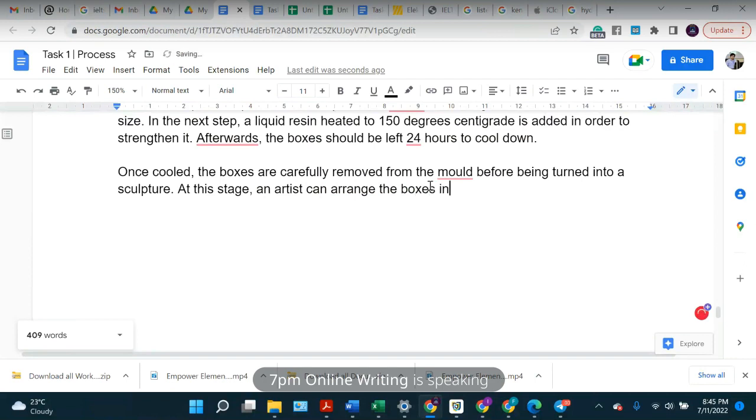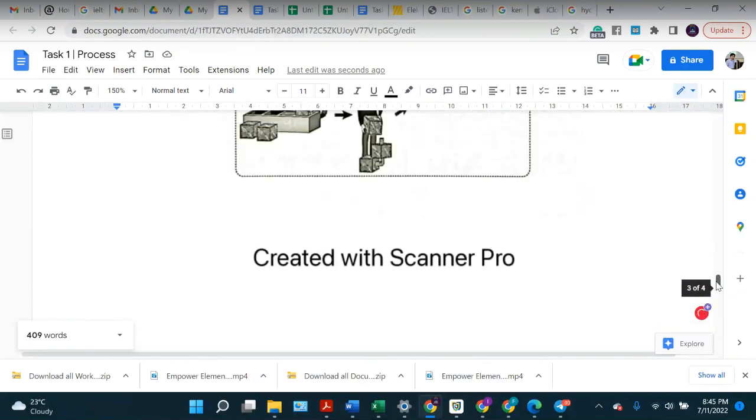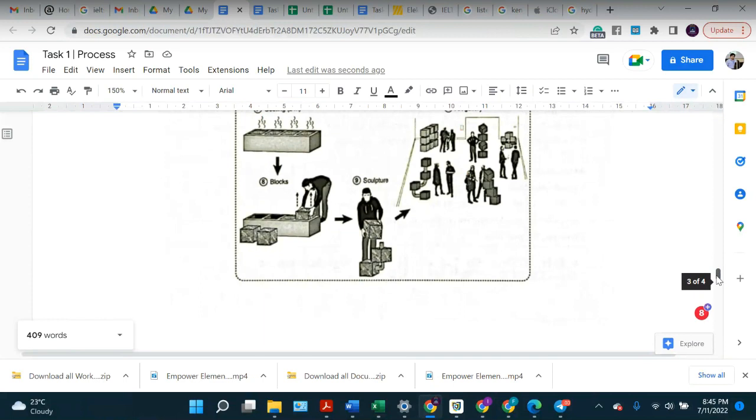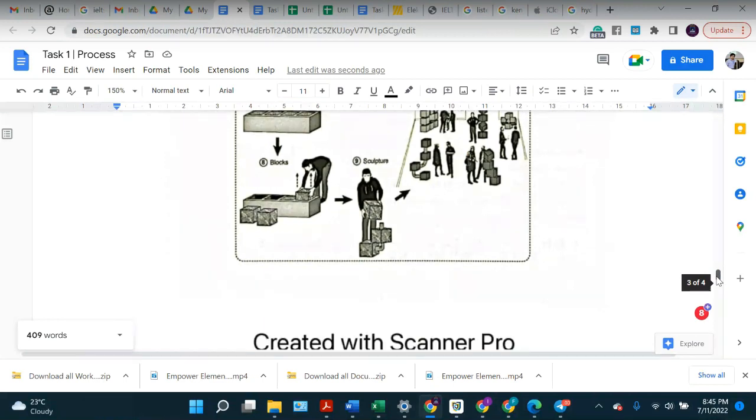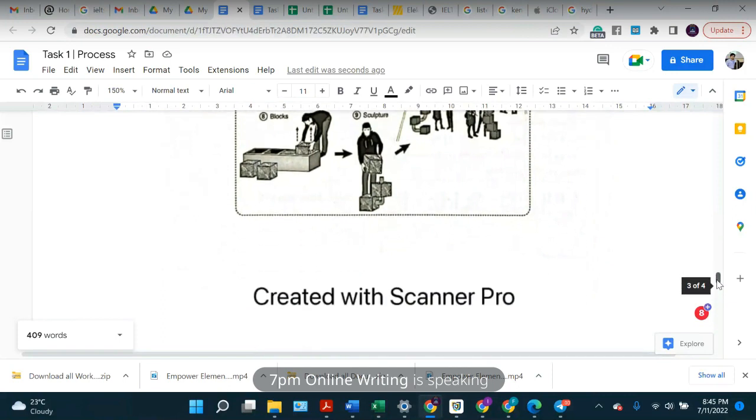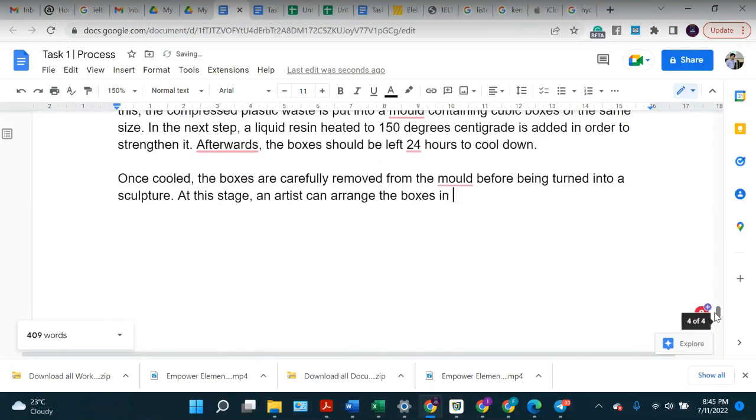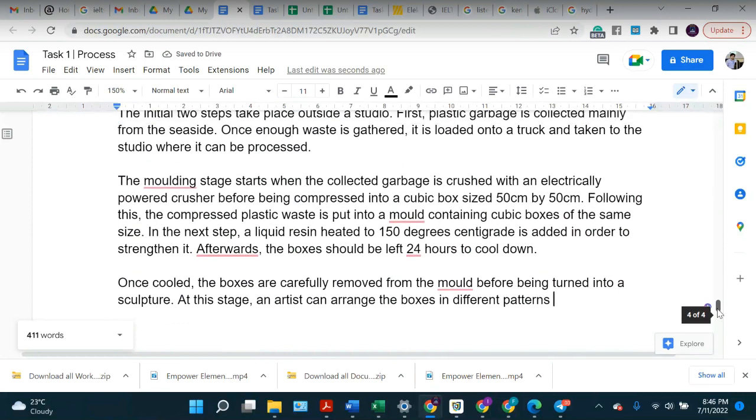in different, you're saying in different formations? Yeah. Because you see that the formations are different. Maybe different patterns or formations is okay? Yeah, formations was the first word that came to my mind somehow. What do you think?